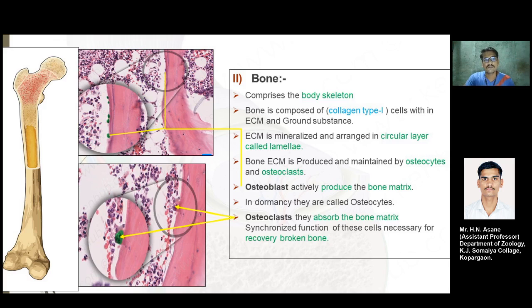of the bone, which are seen mainly in the compact bone. The bone extracellular material is produced and maintained by the osteocytes and the osteoclasts.